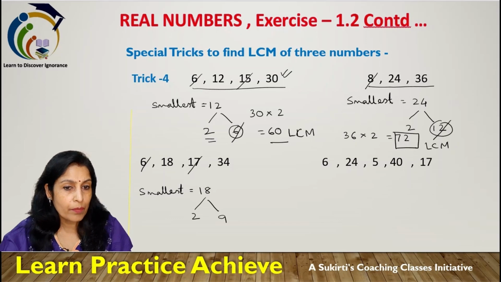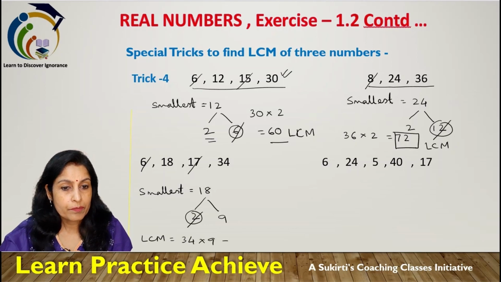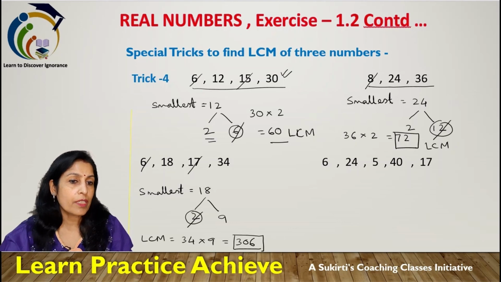But 2 will divide both the numbers 18 and 34. So we will cancel 2. So the remaining numbers are 34 and 9. So LCM is equal to 34 into 9, so you will get 306. So LCM is 306 of 6, 18, 17 and 34.